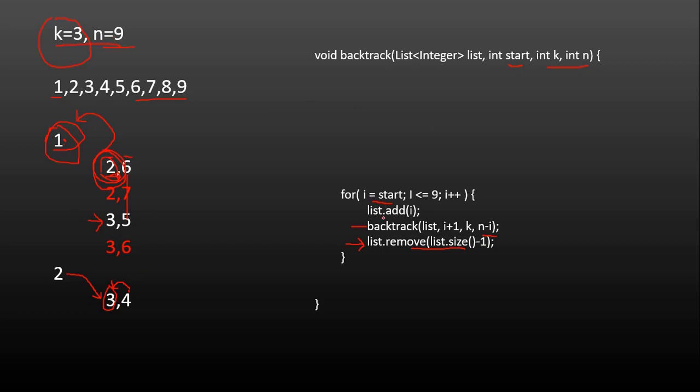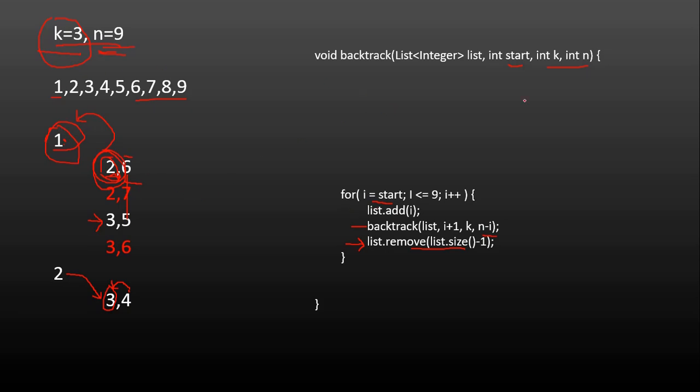I need to stop when in my list I have k number of elements, and since I'm subtracting whatever elements I chose from my n value, at the end, if I get the correct set, for example 1, 2 and 6, then at the end when I choose 6, the value of n will become 0, because 2 plus 1 is 3, 3 plus 6 will be 9, and n minus 9 will be 0. So at the end, when I call the backtracking again, the value of n will be 0, and the number of elements in the list will be 3, right? So I need to stop.